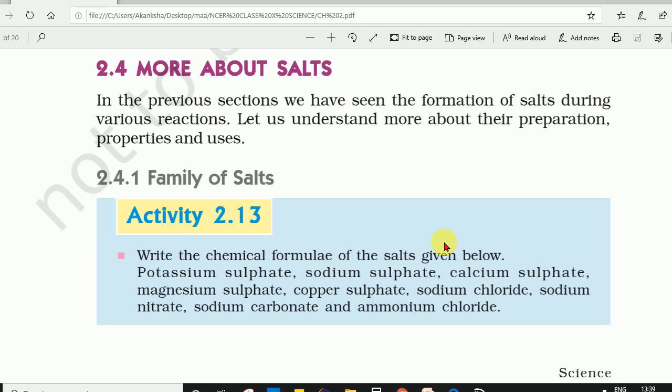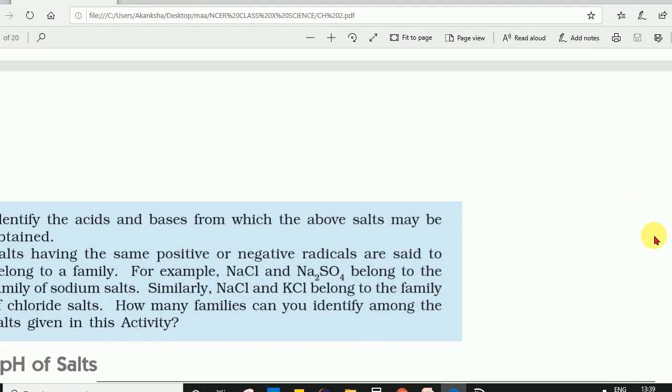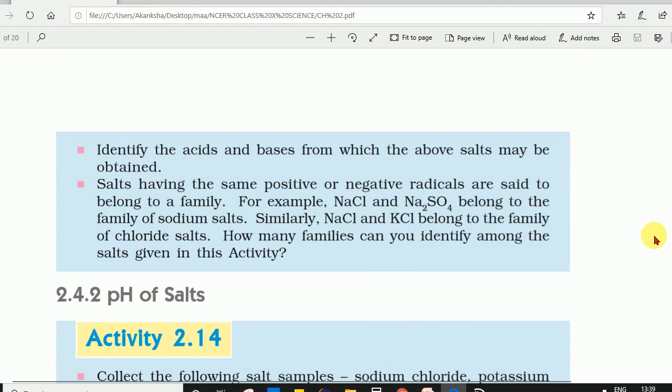In NCERT, we have been given activities 2.13 and 2.14, which are based on the family of salts. What it means by family of salts is, as you can see in the last line, they have written: salts may have the same positive or negative radicals and are said to belong to a family.